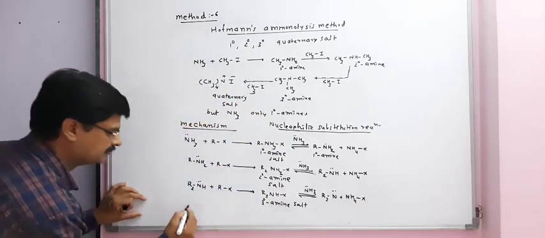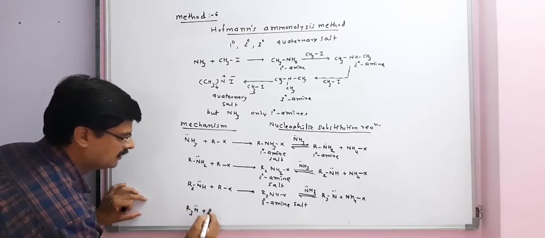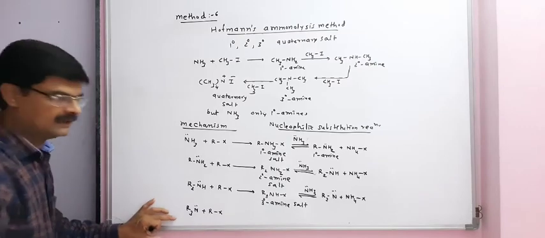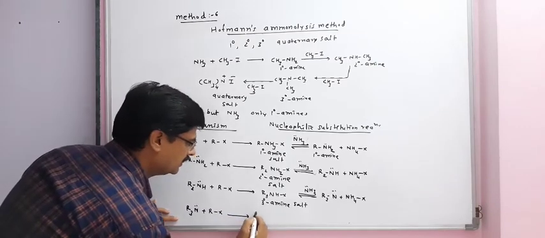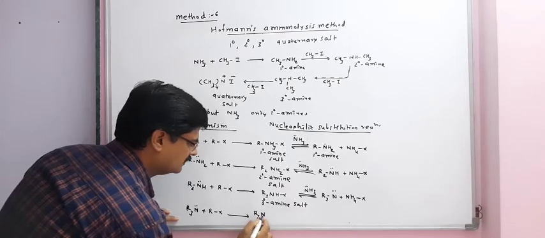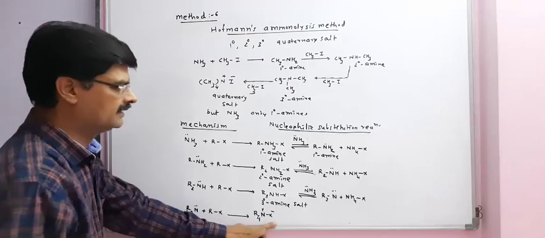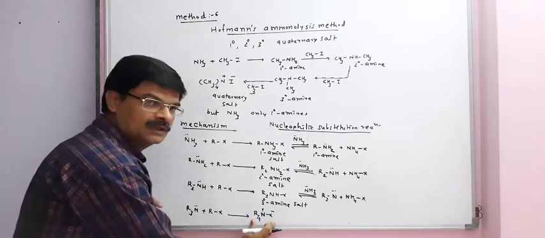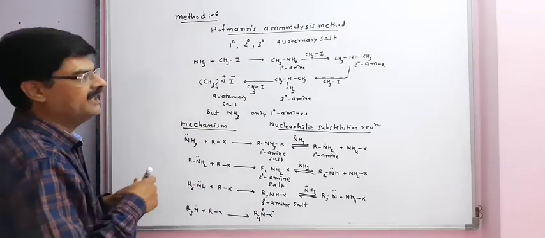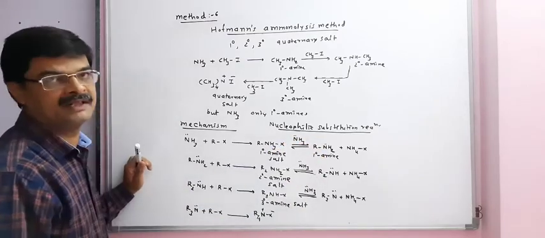And in the final step, R3N plus RX alkyl halide gives R4NX. This is known as a quaternary salt. This way, we are getting mixtures of amines and it is difficult to separate them.